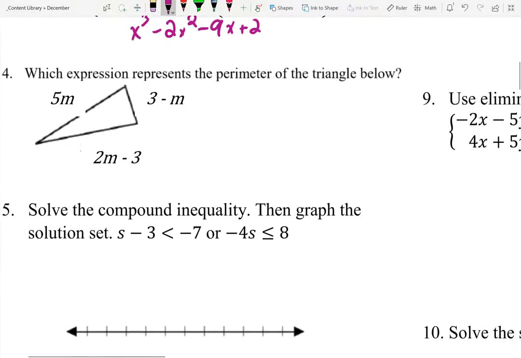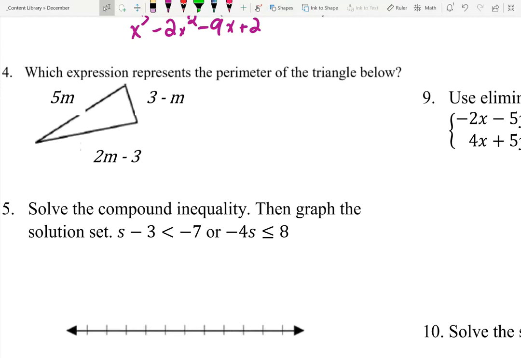Okay. Number 4, perimeter is just adding up all the sides. So we've got 3 sides here I need to add up. So let's do that. 5m plus 3 minus m plus 2m minus 3. It's just all 3 sides, as you can clearly see, being added together. And at this point, it's just a matter of combining like terms. I erased those. Let me fix them. All right.